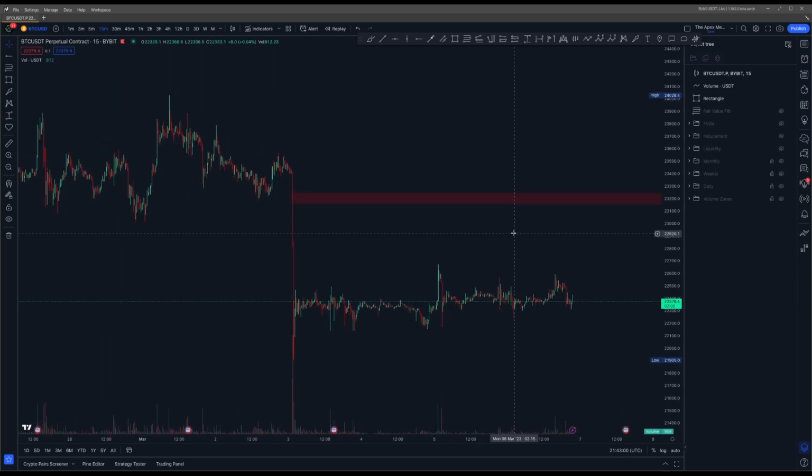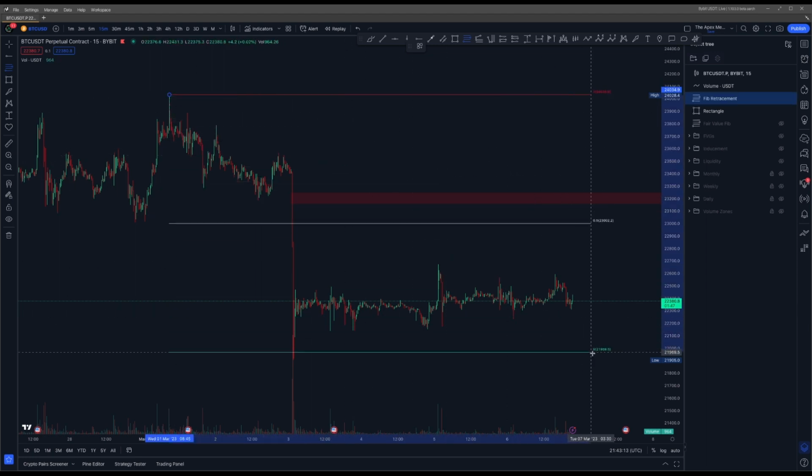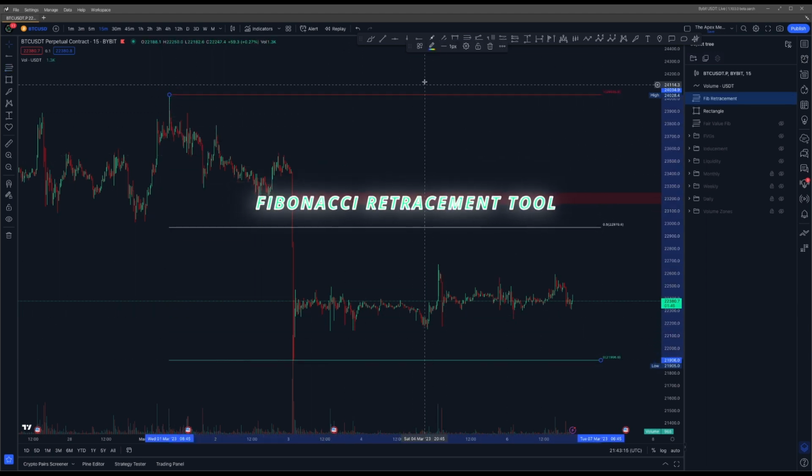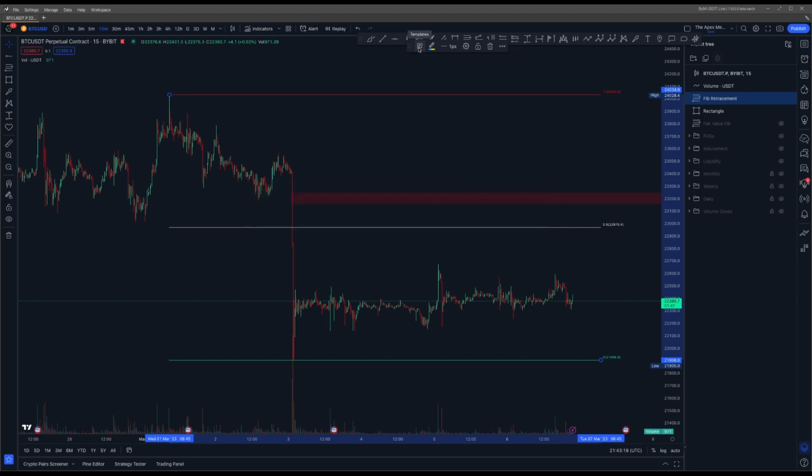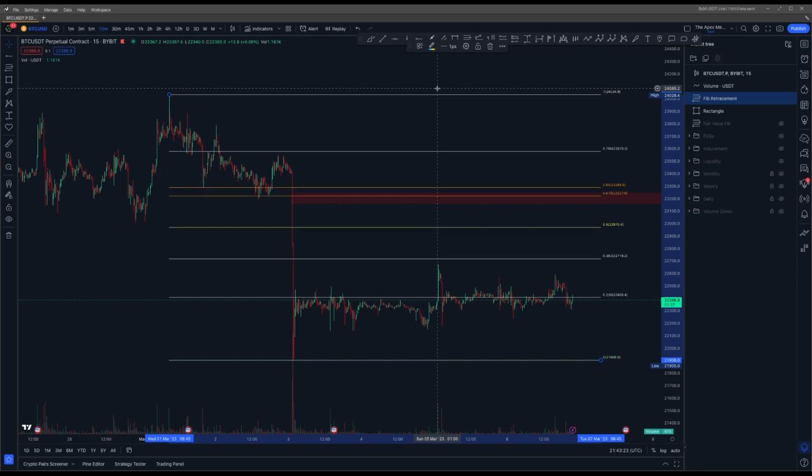So how do we validate this in terms of where this would be on the chart? If I take my Fibonacci retracement out, I can go again, local high to the local low, but this time I don't want to use my fair value fib. I want my fib retracement.